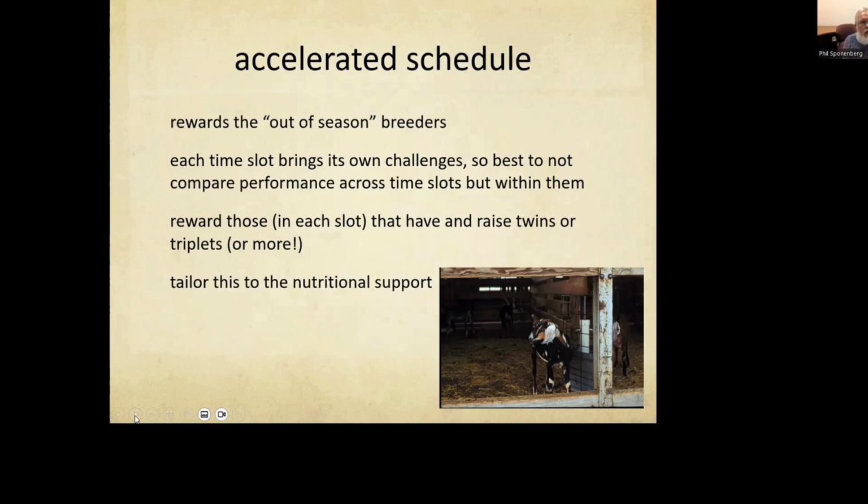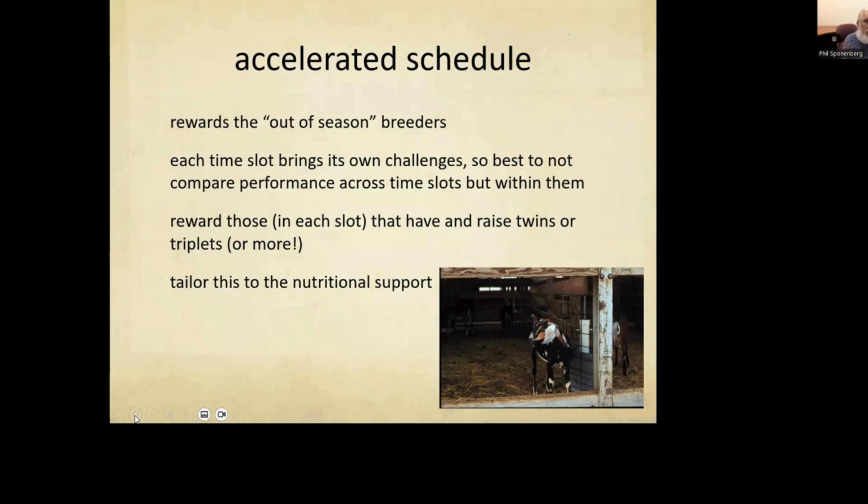So what you want to do then, if you're accelerating this and having kids at different times during the year, is reward those in each time slot that have raised twins or triplets or more, or whatever your goals are. Within all the ones that are kidding in July, some are going to have singles, some are going to have twins, and you can pay attention to that and reward those, if you want twins, so that you have more twins.